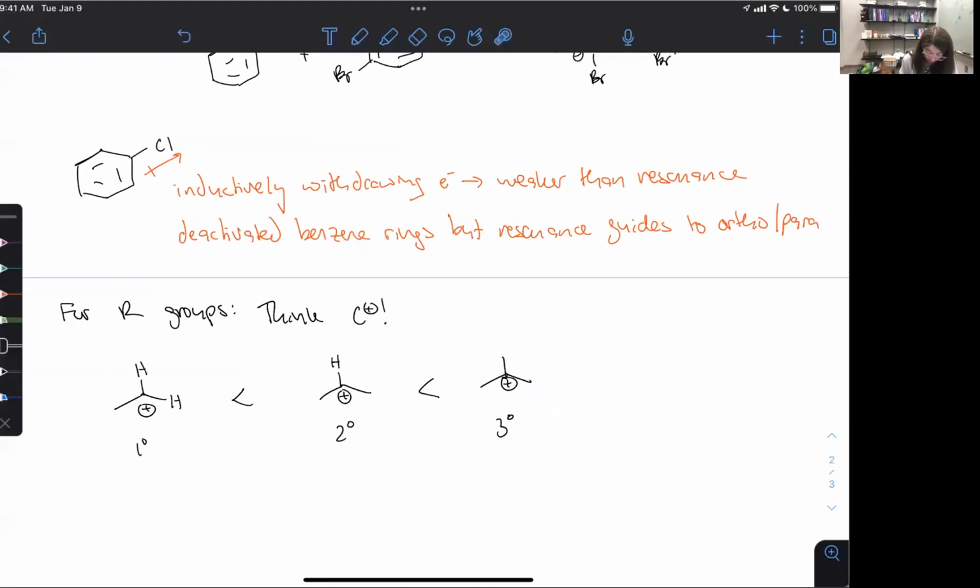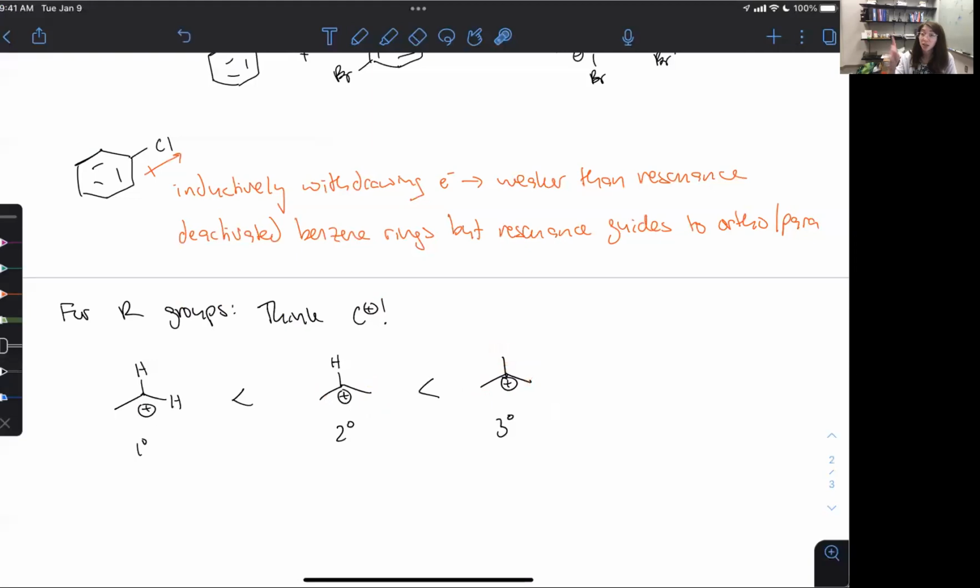So if we look at what's happening here, we're increasing the number of carbons and hydrogen atoms that are nearby. As we put on more alkyl groups, we're getting a more stable carbocation because we are donating electron density from those carbons.